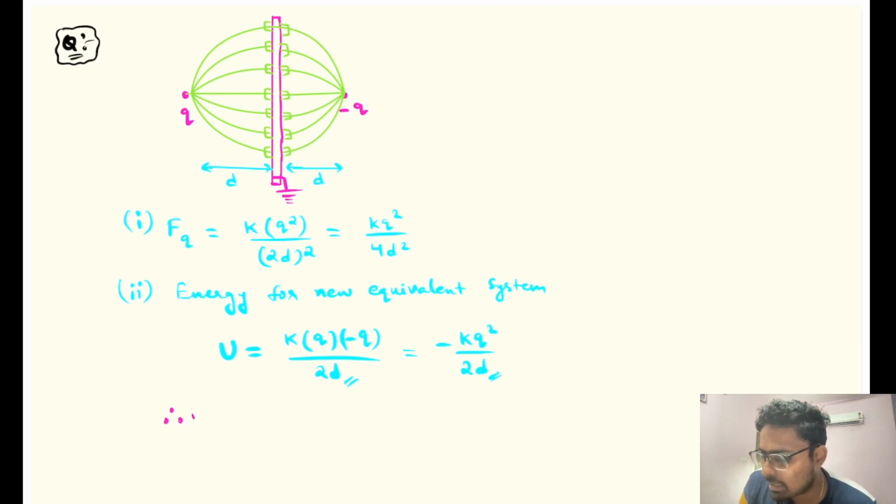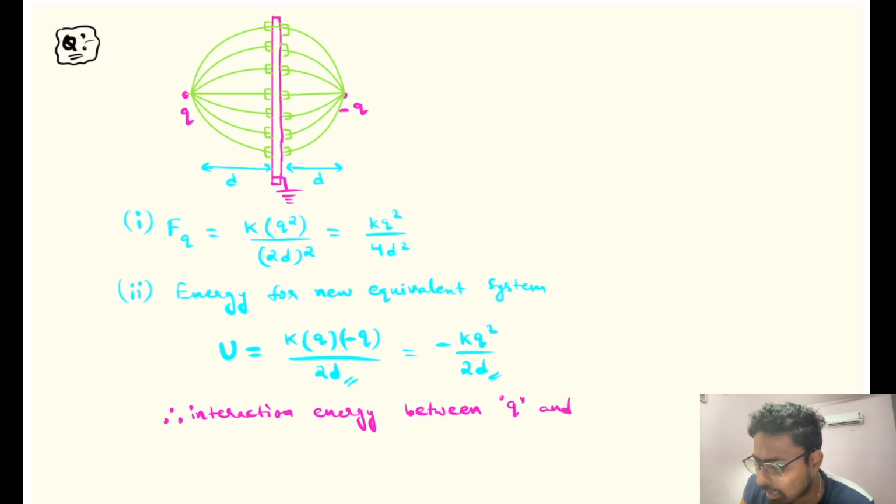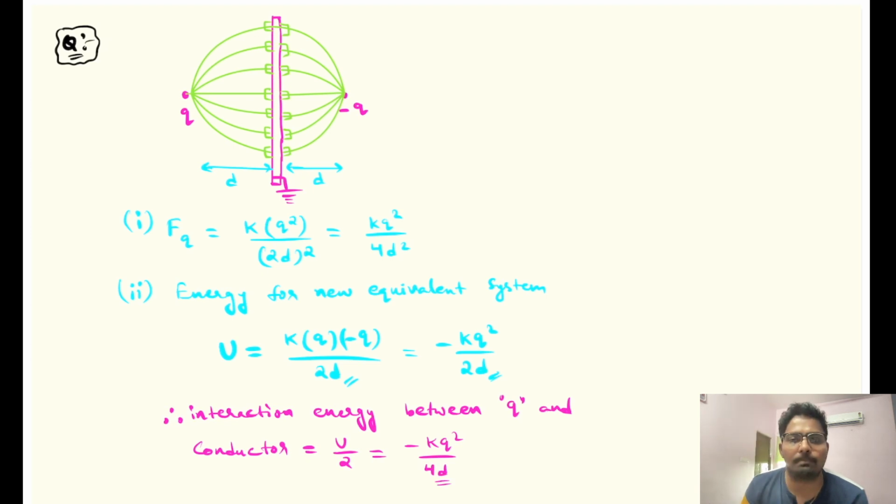Therefore, the interaction energy between Q and the conductor will be half of the total energy, U by 2. So the answer will be minus Q square by 4D. So this will be the interaction energy.